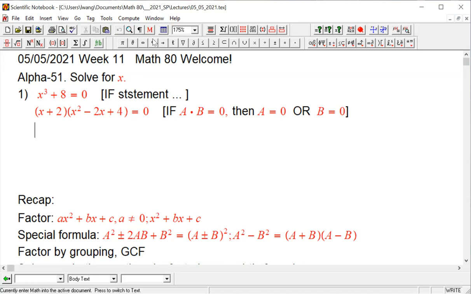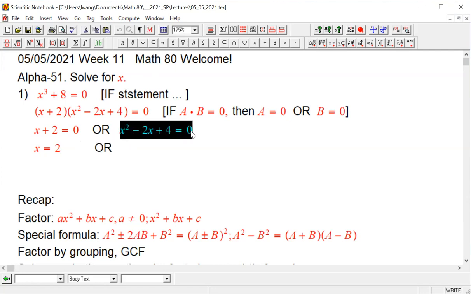So that will lead us to x plus 2 equals 0, or x squared minus 2x plus 4 equals 0. And this piece is easy. We will end up with x equals negative 2. How about the other one? We need to solve this quadratic equation.